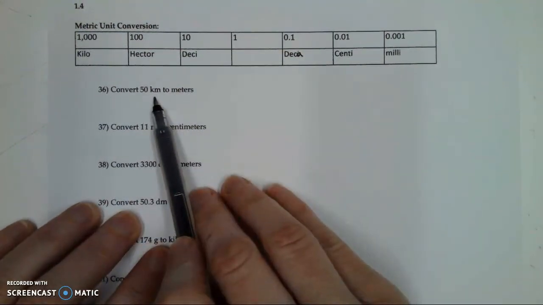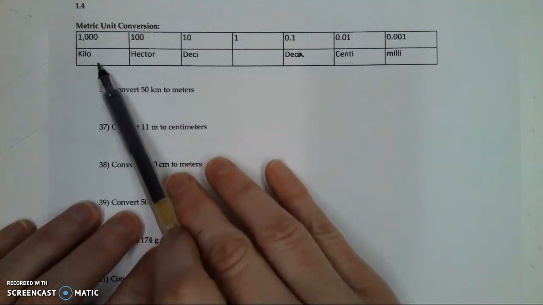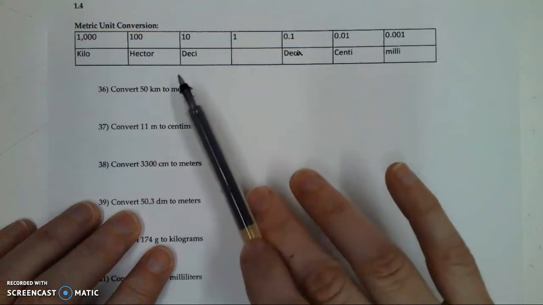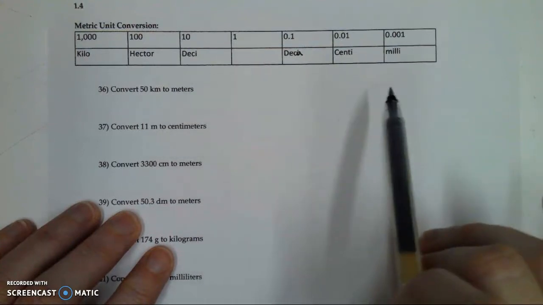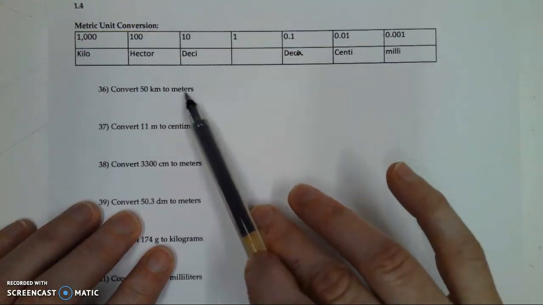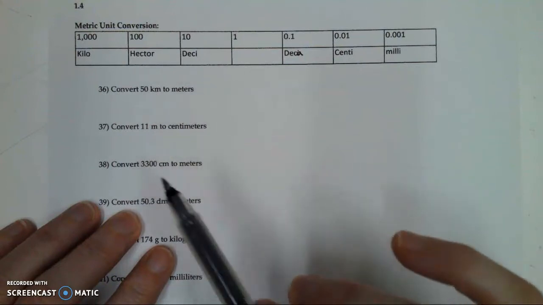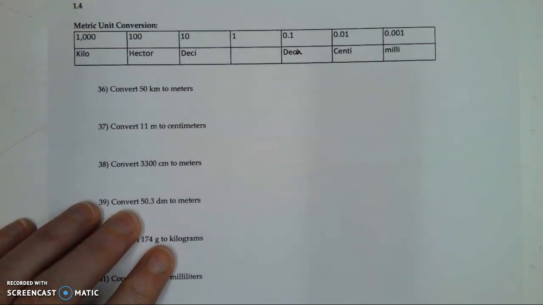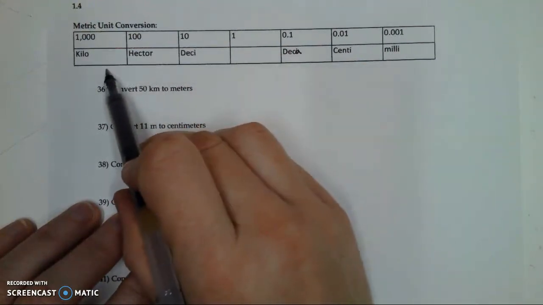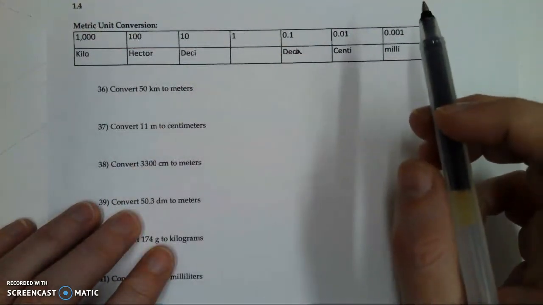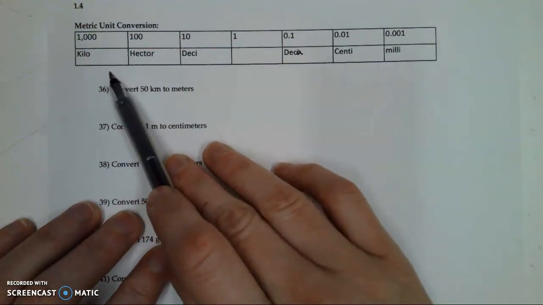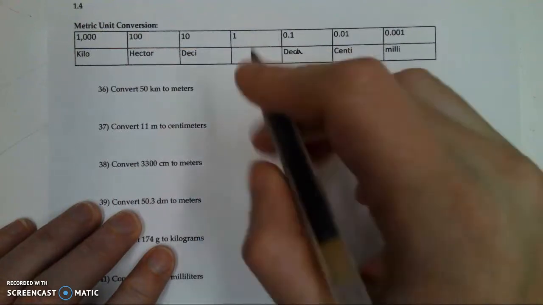So I've got kilometers to meters. The K is kilo. So a kilometer is bigger than a meter, so my answer is going to look bigger. That's because since meters are smaller than kilometers, I'm going to need more meters to get a kilometer. Now, what I do is I just look at this little chart here. So to get from kilometers to meters, I'm going to go 1, 2, 3.